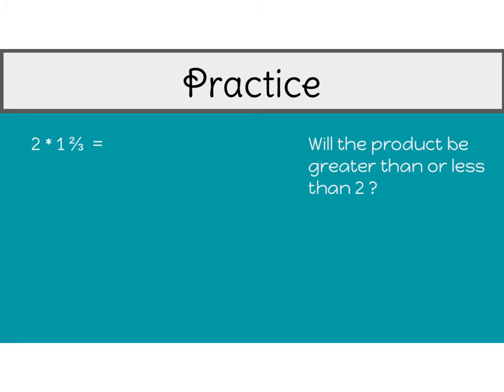The product is also going to be greater than 1 2/3 because I can think to myself that I'm making 2 groups of 1 2/3, which is more than 1 2/3. So what we're going to do first of all is use a fraction multiplication algorithm to complete this problem.